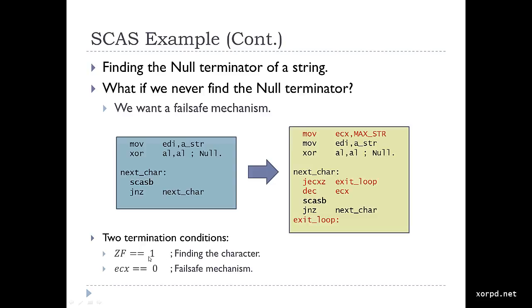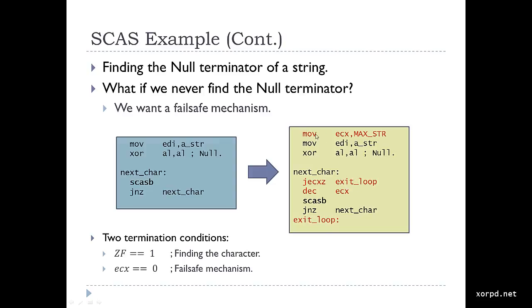The first one is zero flag equals 1. This termination condition can be seen by this instruction, JNZ. If the zero flag is 1, we are going to exit the loop. The second termination condition is ECX equals 0, which can be seen here. If ECX equals 0, we just jump out of the loop.